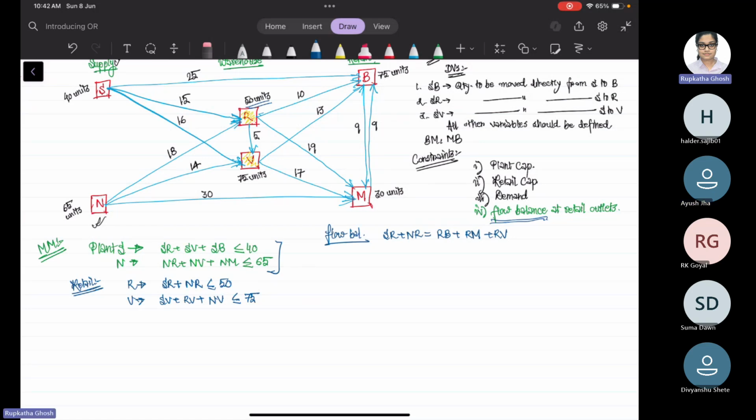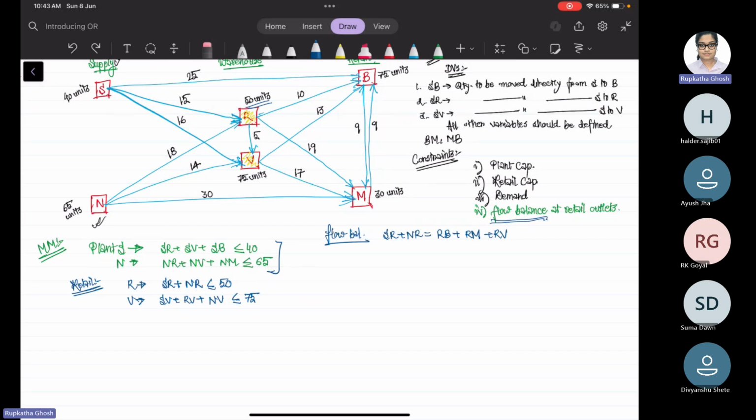No, not exactly. SR plus NR would be some value, let's say 40. So this would also be equal to that 40 value. If you have to write it like this, minus, minus, minus equal to 0. Got it?